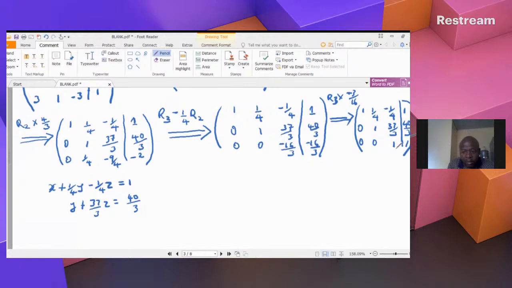And this other one means 0x plus 0y plus 1z gives us 1. So it's from here that we now solve from bottom going up.